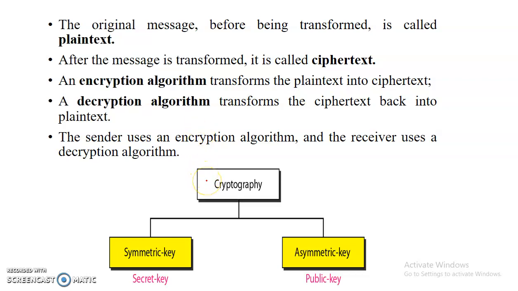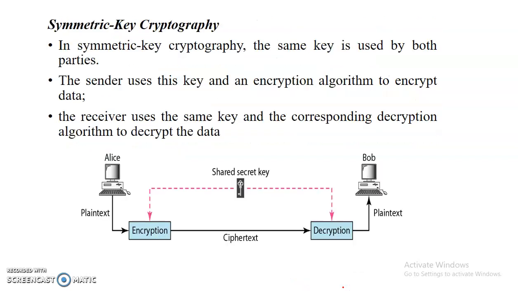For encryption and decryption, we have two types of cryptography: symmetric key and asymmetric key. In symmetric key, we have the secret key. In asymmetric key, we have the public key. What is the symmetric key, the secret key?